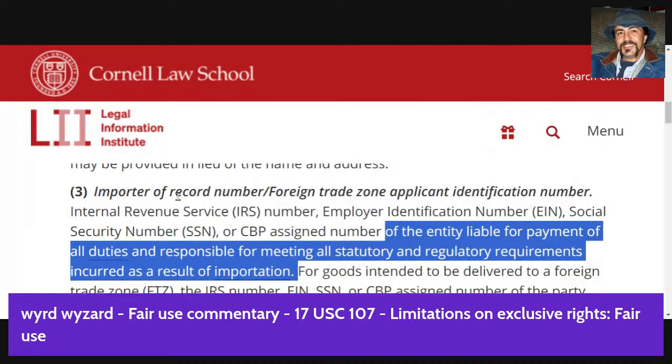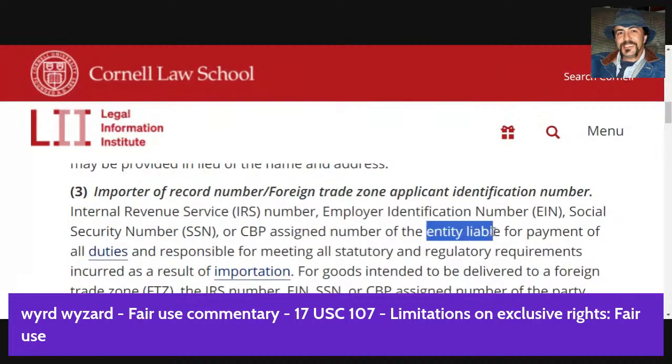So they're saying they took upon an incurring of a debt of duties and responsibilities for the statutory regulatory requirements upon that importation. Who is the entity liable for that payment?